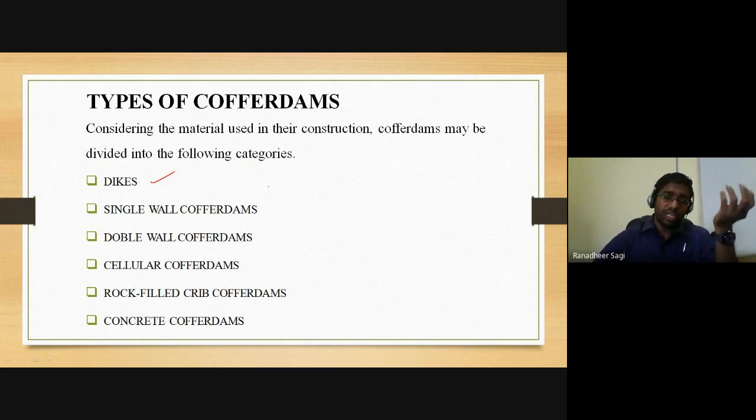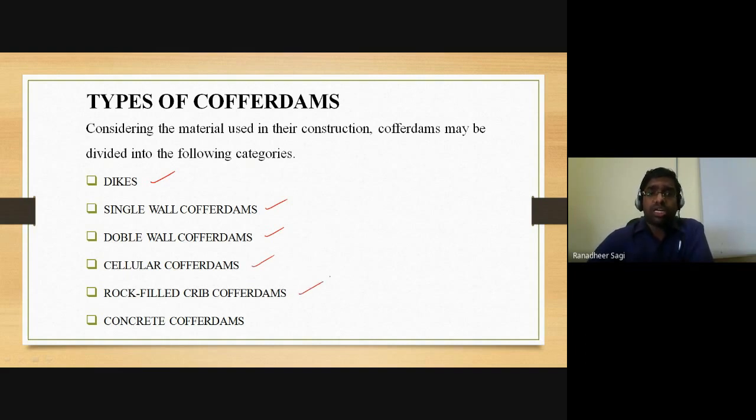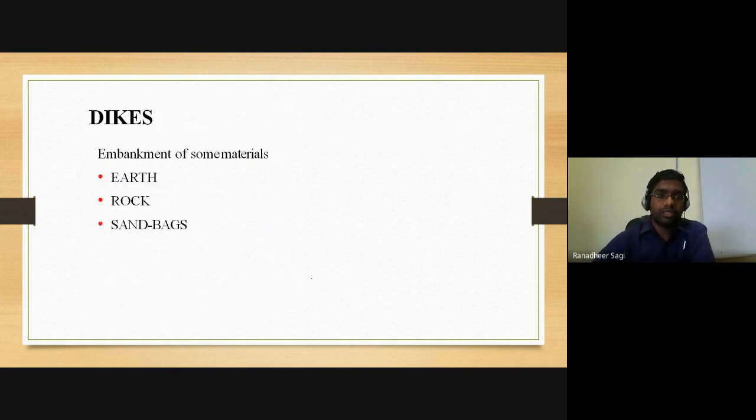With that also I can go ahead in constructing your embankment. That is what we will be calling dikes. And other types are single wall cofferdams or double wall cofferdams, cellular cofferdams, rock-filled crib cofferdams, and concrete cofferdams. These are some of the cofferdams we are going to be touching upon in today's lecture.